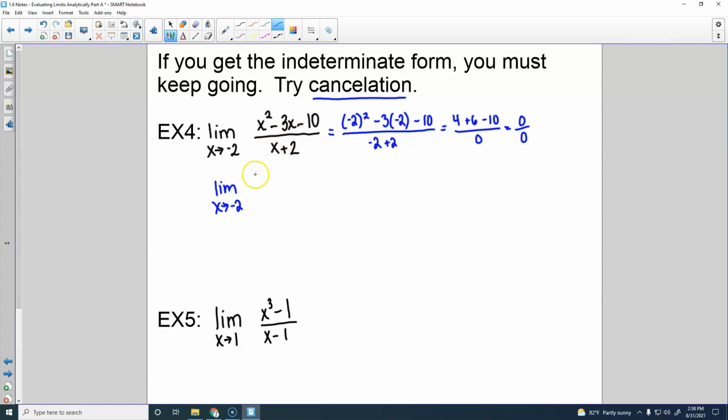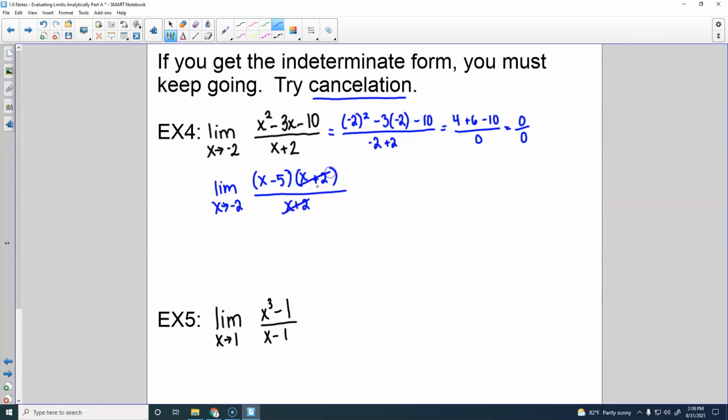So we're going to factor the top, and the bottom we can't factor. It's just going to be x plus 2. So x and x, how does this one factor? Minus 5 plus 2. Conveniently here, what can happen with our x plus 2's?